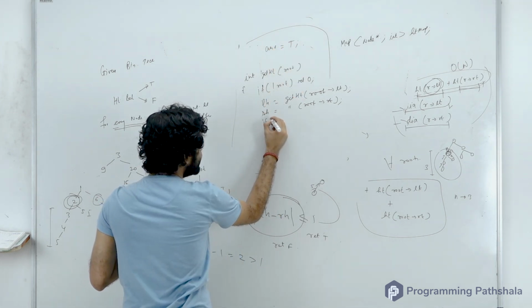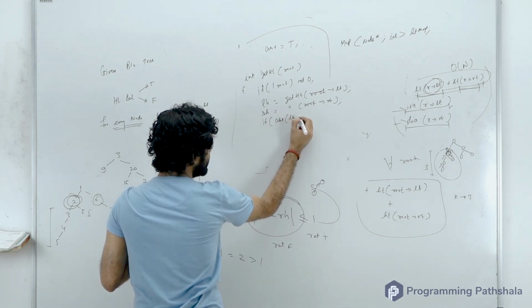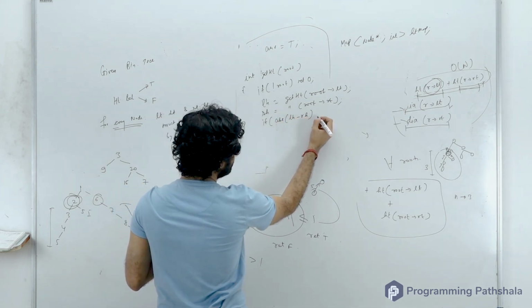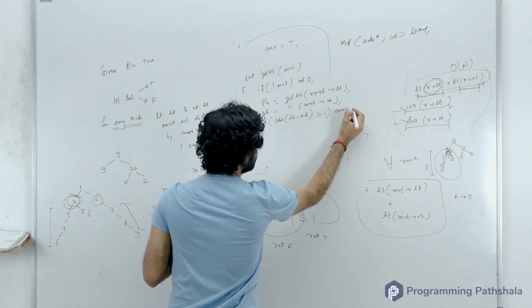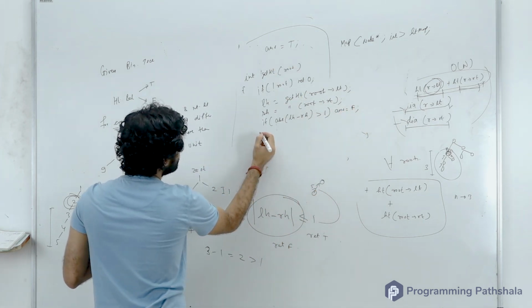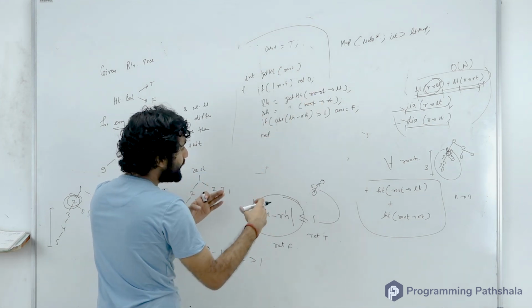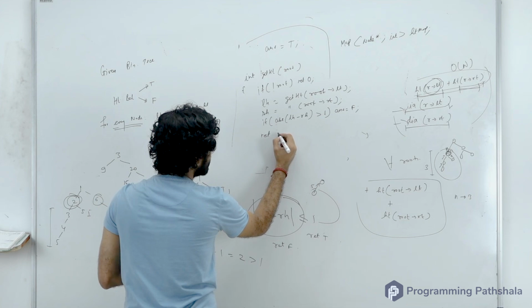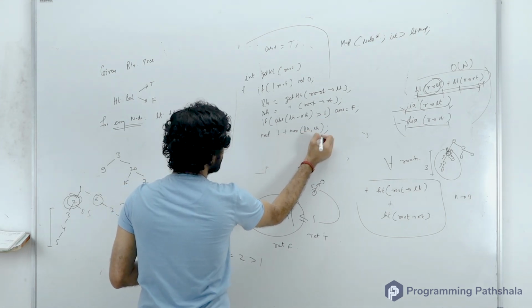The moment I see that the absolute difference between LH and RH happens to be greater than 1, I'll convert this answer to false. And then, because it's a get height function, I'll keep returning the height to my next parent so that my next parent can also perform this check. So return 1 plus max of LH, RH.